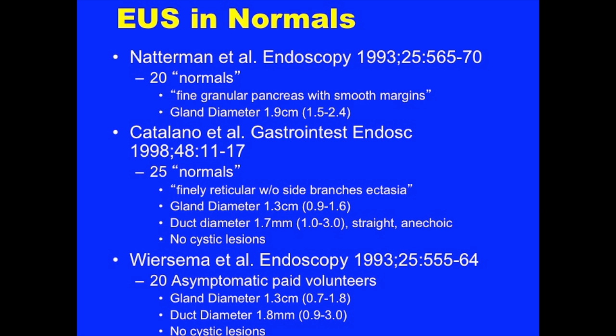EUS in normals was done in different centers across the U.S., and basically they found the type of pattern that you see in transabdominal ultrasound, which is that there is a fine granular or reticular pattern. It's fairly homogeneous across. The ducts aren't dilated. We use 3, 2, and 1, for example, versus ERCP. We don't tend to have cysts in the normal pancreas, and we don't usually have stones.